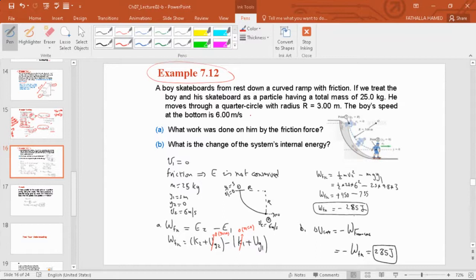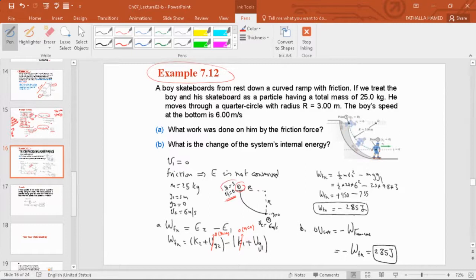The boy's speed at the bottom is 6 meters per second. What work was done on him by the friction force? And then what is the change of the system's internal energy? So the boy starts from this point here, from rest, V initial is equal to 0, or V1 is equal to 0.